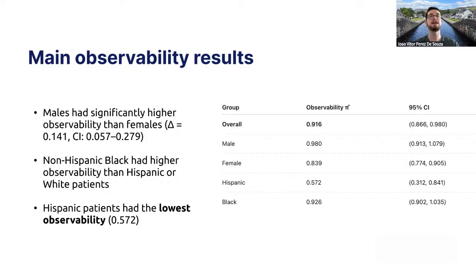What they see is that there is a difference by sex. Apparently the data represents males much better than females. So there's something there. And if you look at Hispanic patients, it's the worst observability of them all. So something is happening to the way that we collect the data or the way the health system is working, such that for Hispanic patients that come to Duke with end-stage renal disease, their outcome is not represented in our system.